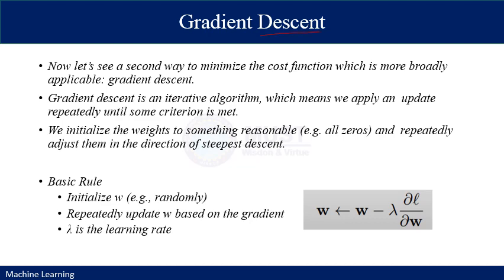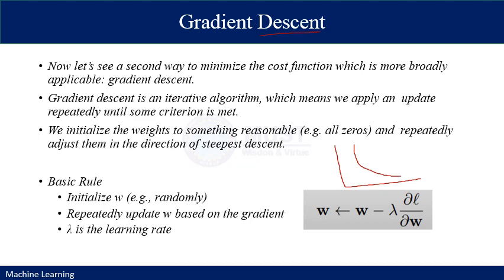Therefore, it is the descent rather than ascent. So again, it minimizes the loss function or the cost function. So if we represent it geometrically, you would like to have a function which will gradually decrease its value.